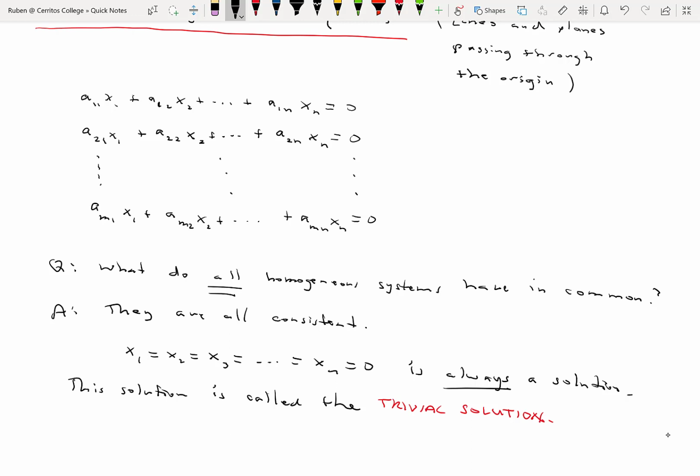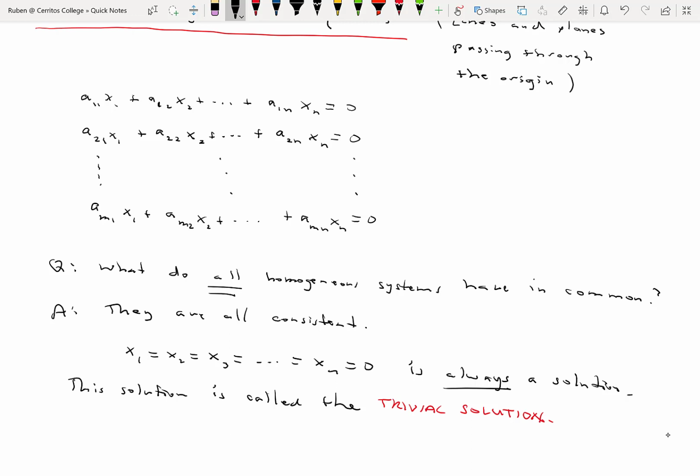The only question is what about homogeneous systems? If they're always consistent, that means they're never inconsistent. They always have a solution. Then the only real question is, do they have an infinite number of solutions? Remember, there are only 3 possibilities for systems. Consistent systems have two of the 3 possibilities: either one solution or infinitely many.